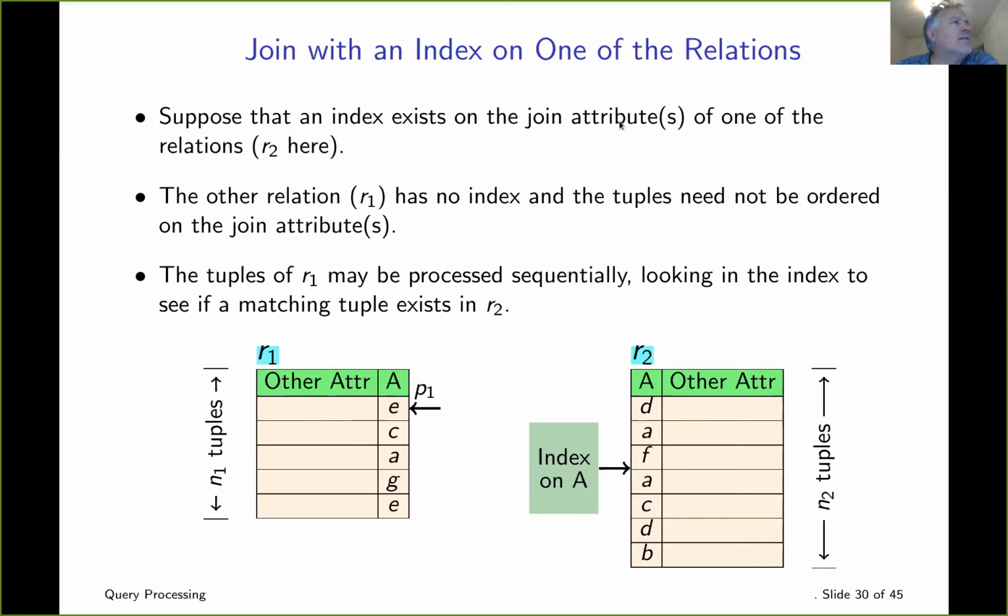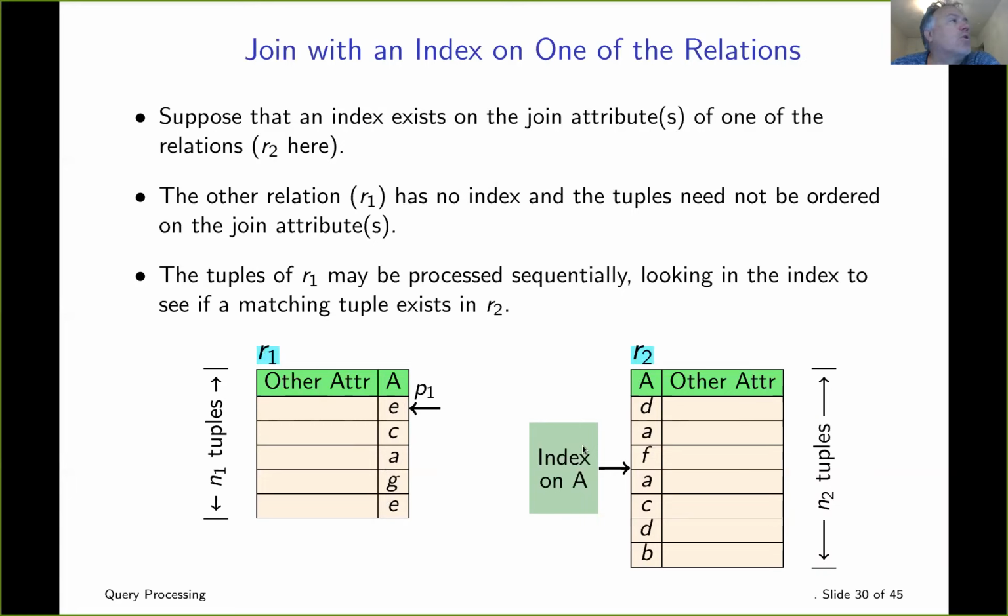Anyways, an index exists on the join attributes of R2 here, but it doesn't exist on R1. So what are you going to do then? You're going to process in a block fashion. By block, you go through all the tuples as you're calculating the natural join between R1 and R2. Every time you come to something here, to see if it's there, you do an index search.